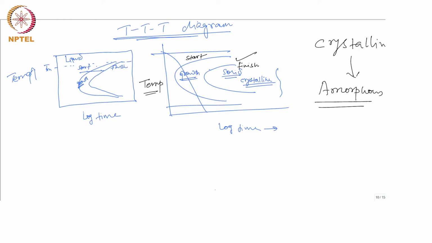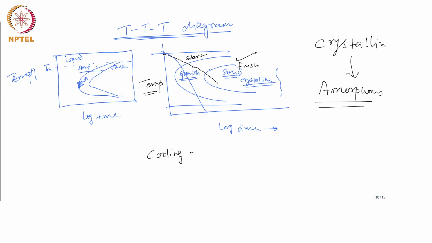Okay. So, in order to start any transformation, you have to enter this zone, right. That means, the cooling rate has to be such that it passes through this curve here to start it, and then to finish it, it has to pass through the finish curve as well, like that.